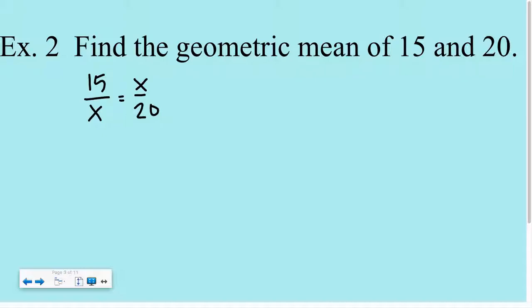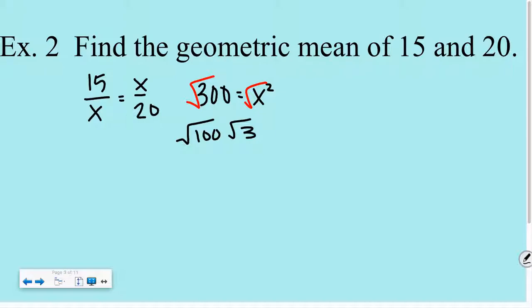What's 15 times 20? 300. X times x is? Okay, so now I know I need to take the square root. 300 is not a perfect square, so I have to find a perfect square that evenly goes into it. 100. How many times does 100 go into 300? 3 times.